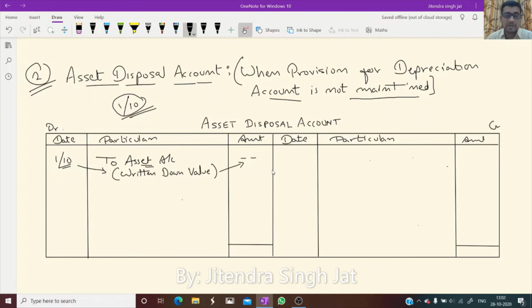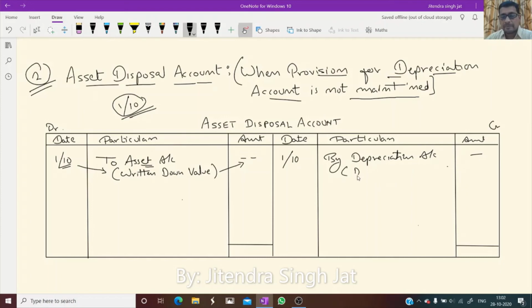This you need to understand. And then what do we write on the credit side? We prepare asset disposal account only on the date the asset has been sold. So on 1st October, because we do not maintain provision for depreciation account, we write: by depreciation account. Now, what amount will come here?